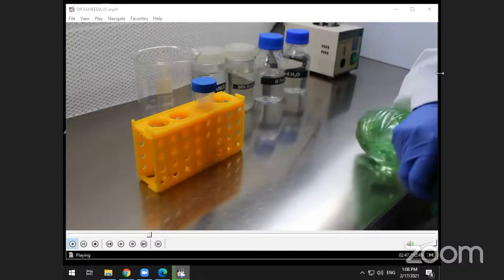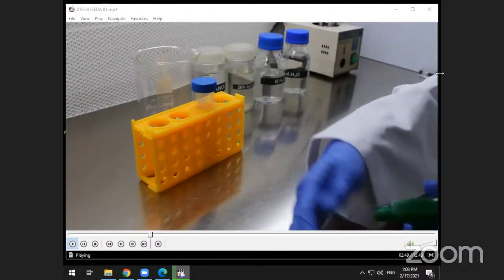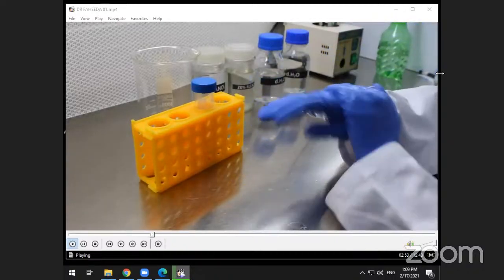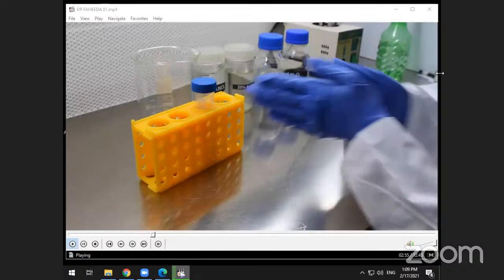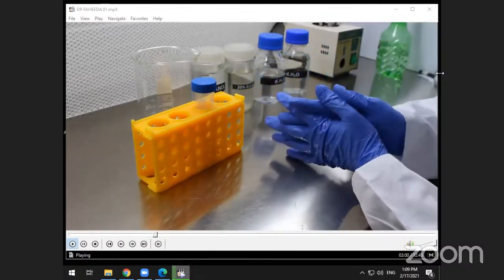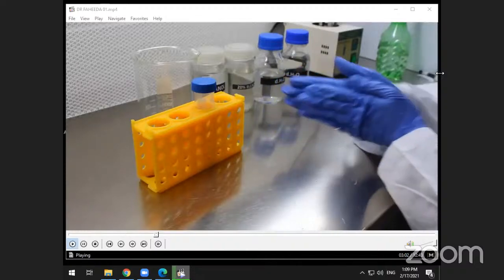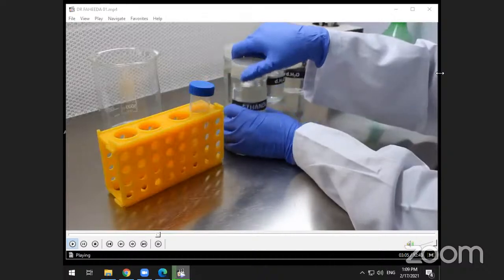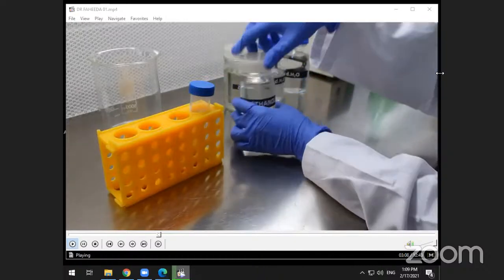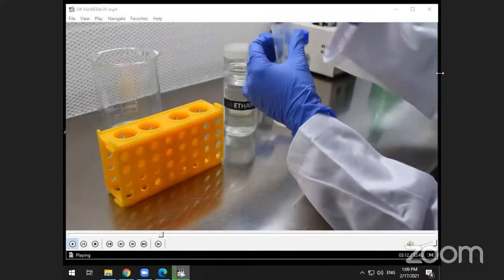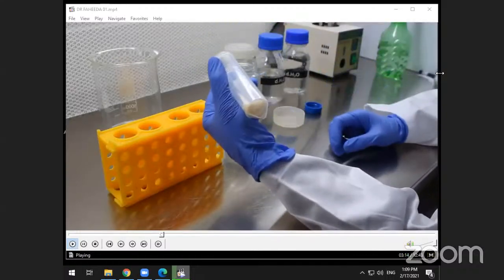Again, sanitize your gloves with 70% ethanol before starting your experiment to avoid any kind of contamination. Add ethanol in the selected seeds and dip them for at least 30 seconds in ethanol.